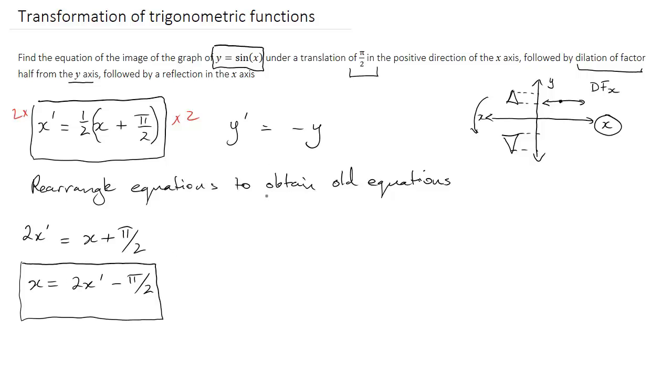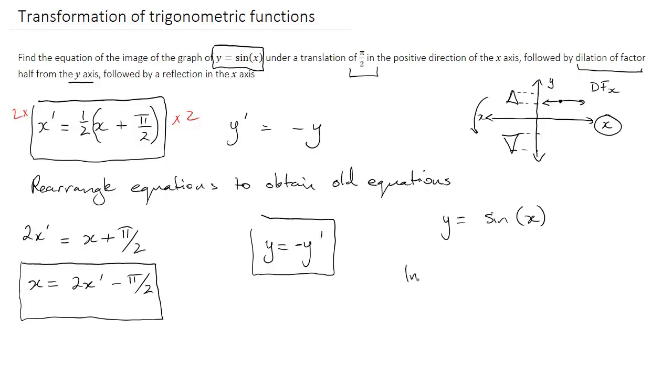And we do the same to the y. It's going to be a bit less work. So y equals y dash with a minus on the outside, like so. So we know that the old equation was y equals sine of x. And this was the old equation.